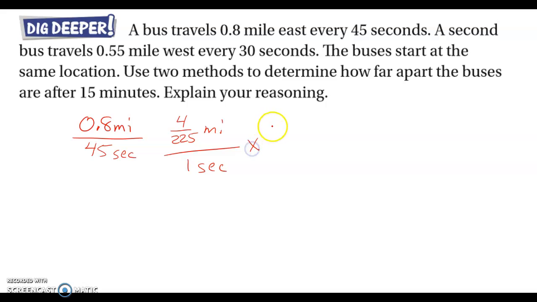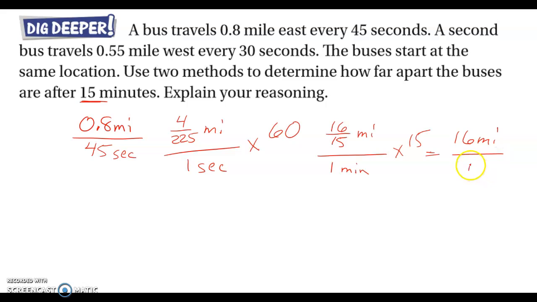So there are 60 seconds in a minute. So if I times that by 60, I end up with 16 over 15 miles per 1 minute. And then we want to know after 15 minutes. So if I times that by 15, we end up with 16 miles in 15 minutes.